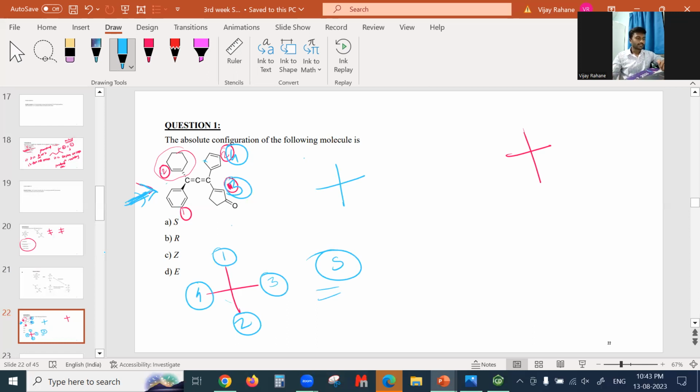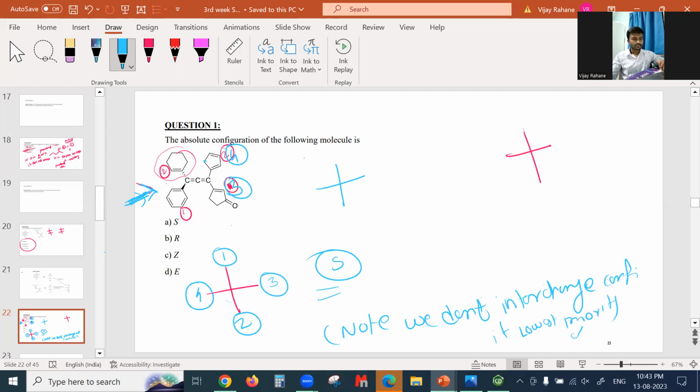In this one, just note, we don't interchange. What we generally do is interchange the configuration: if it is S, then we can change it to R when the lowest priority group is on the horizontal side.